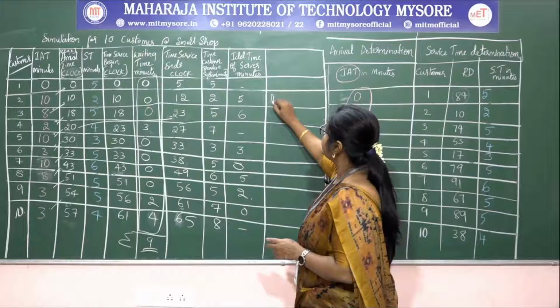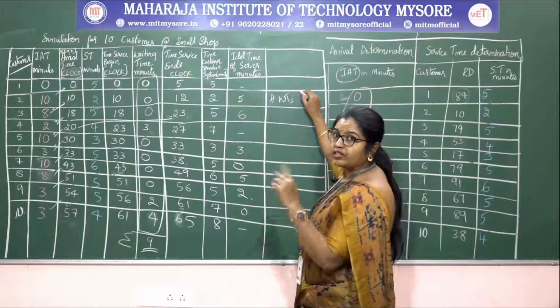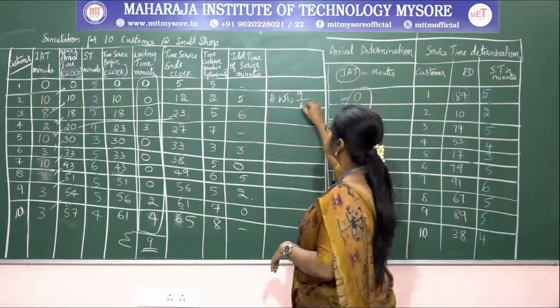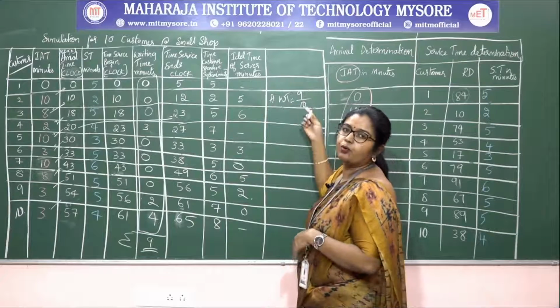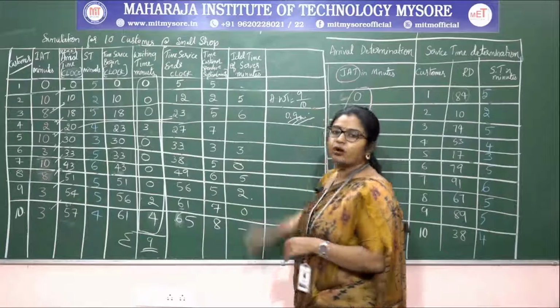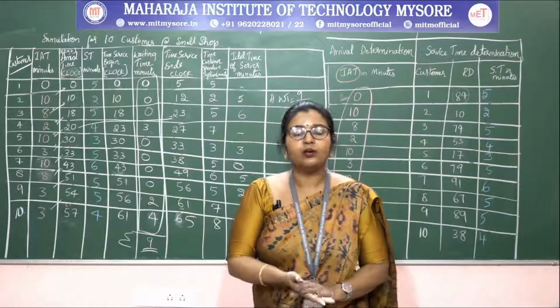To calculate the average waiting time, take the total waiting time, which is 9, and divide by the total number of customers, which is 10. 9 upon 10 is 0.9 minutes.